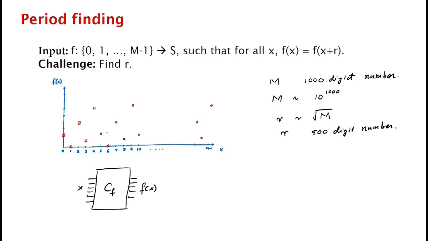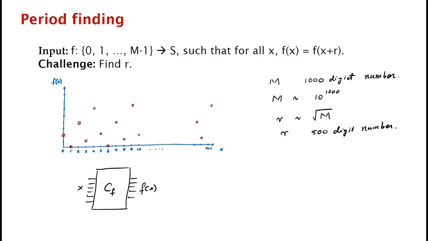Until you see a collision, until you see two different numbers, x and y, such that f of x equals f of y, you're really getting no information about the period. Because the values of the function have no particular pattern to them other than the fact that they eventually repeat.